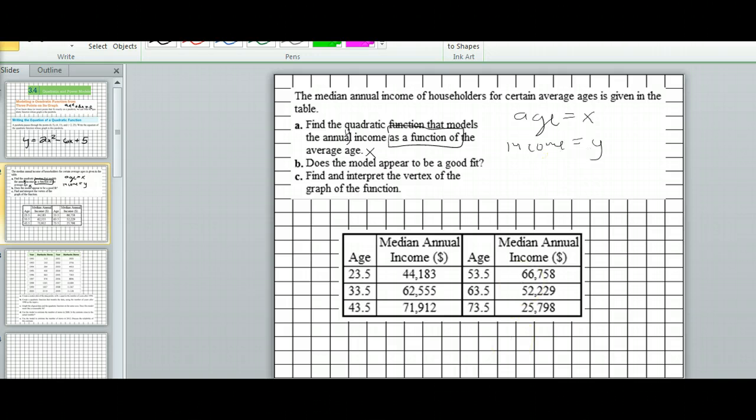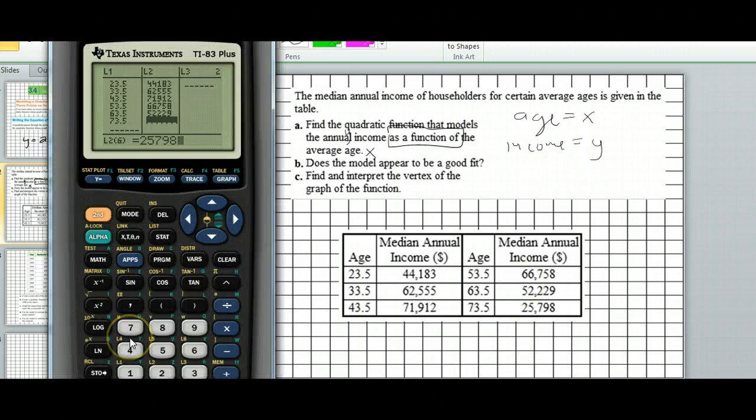So again, I'm going to put it into my calculator. Alright, so there's all the data in my calculator, and it still wants a quadratic function that models this. So we're going to hit stat, come over to calc, and use quadratic regression again, so option 5. Hit enter. There's my numbers. It's fine if it doesn't tell you, just round to the 10th or the 100th, so 2 decimal places.